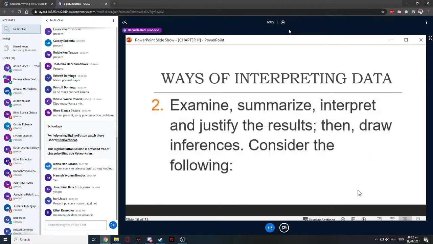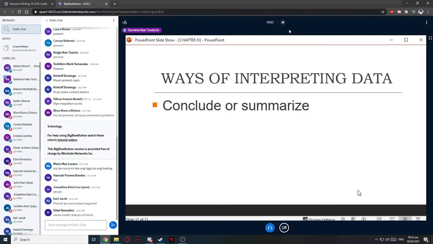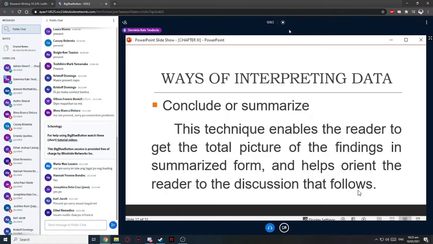The next way is to examine, summarize, interpret, and justify the results, then draw inferences considering the following. First, conclude and summarize. This technique enables the reader to get the total picture of the findings in a summarized form.